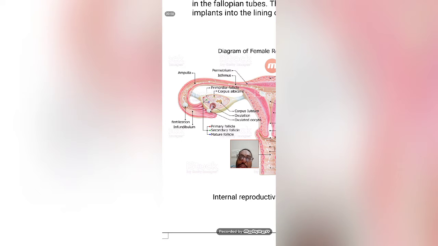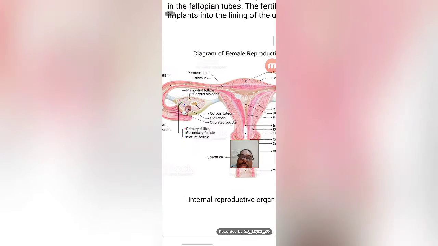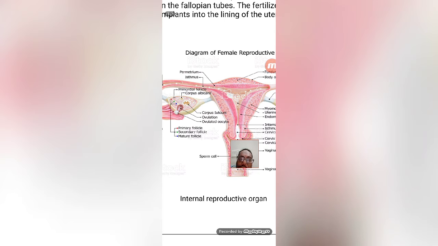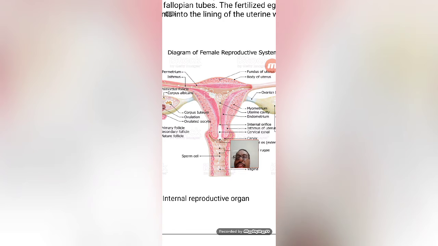This fimbriae is connected to a narrow canal, then a broad area known as the ampulla, and this ampulla moves forward and forms a very narrow canal known as the isthmus, and this isthmus leads into the uterus. This uterus has an inverted almond shape.